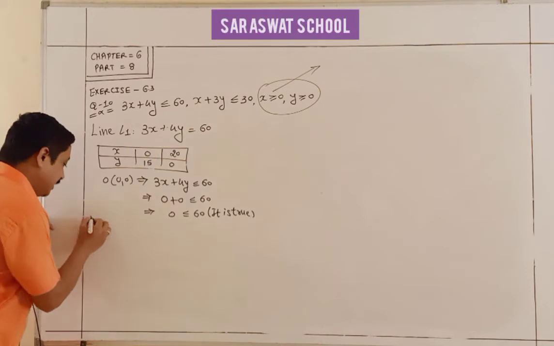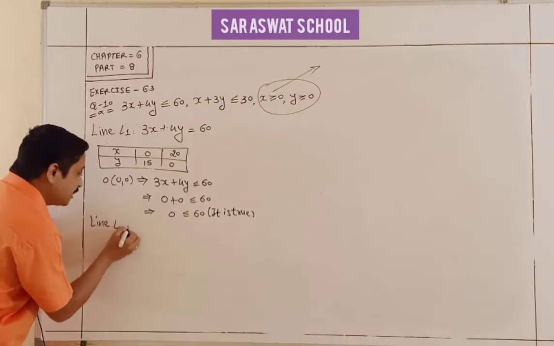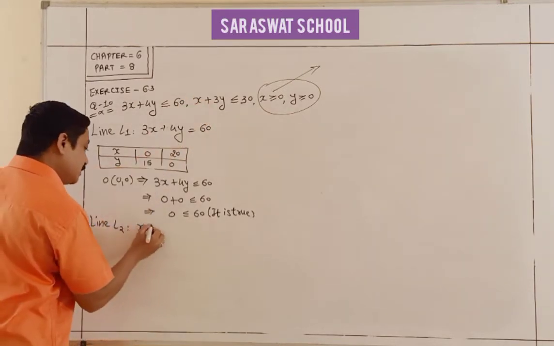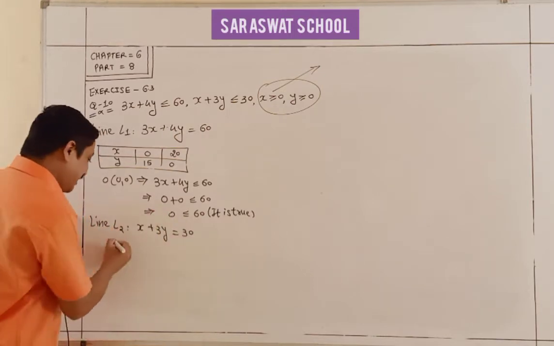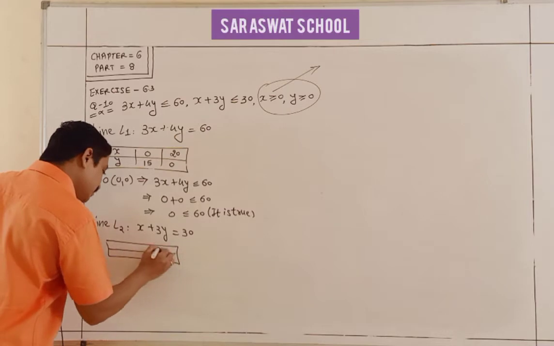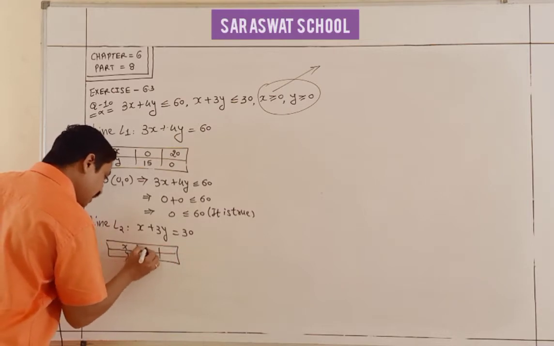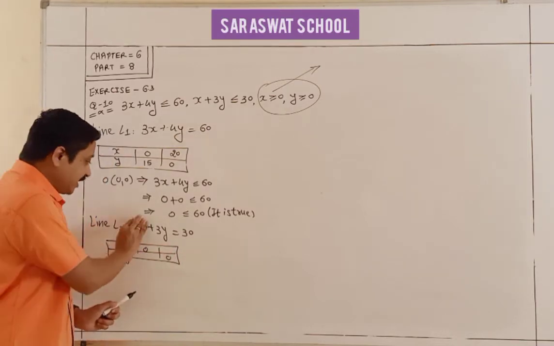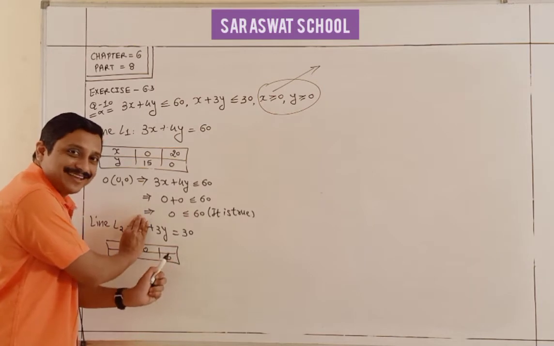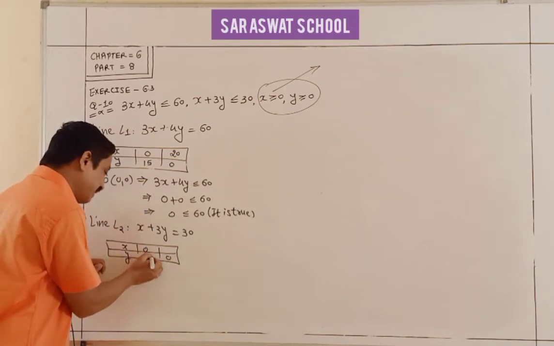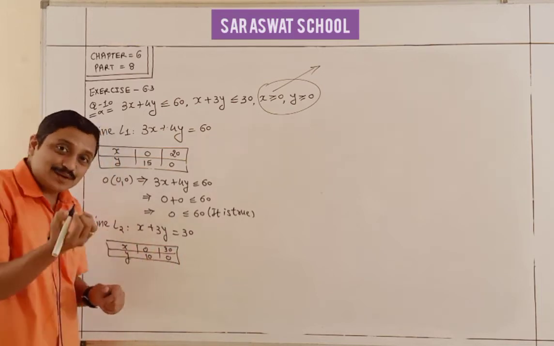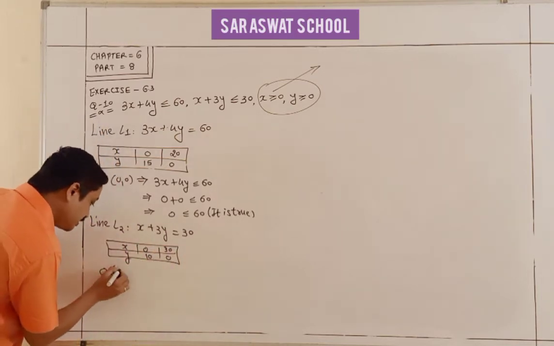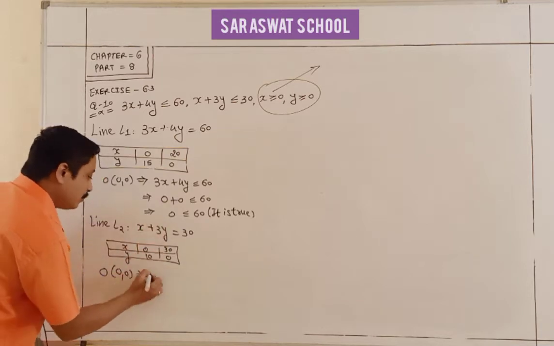Now line L2. My line L2 is here: x plus 3y is equal to 30. And apply the same on the table. Respectively, if x is 0, y is 30 by 3, and if y is 0, then x is 30. And here also, students, I check whether it passes through the origin or not.